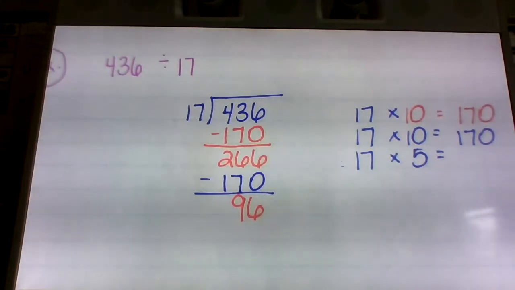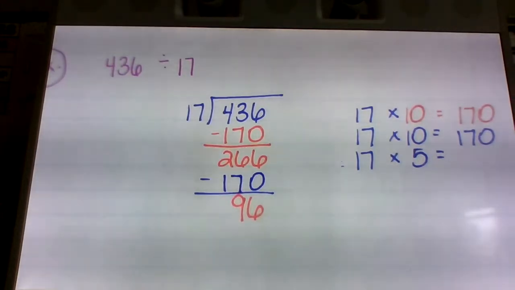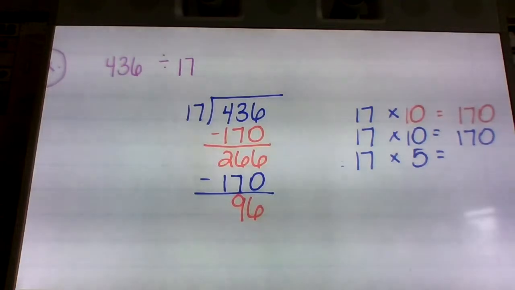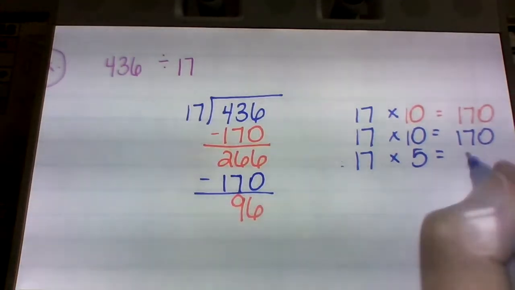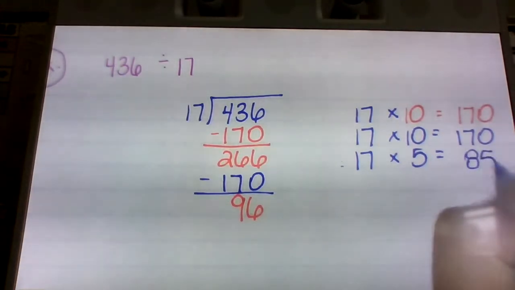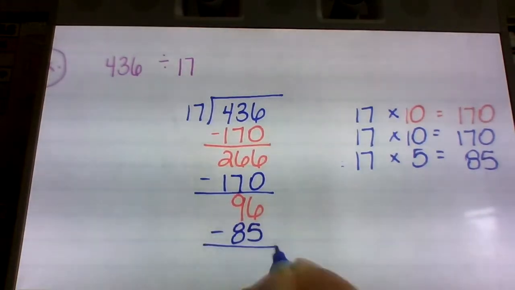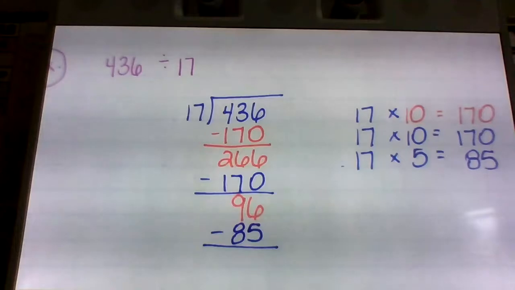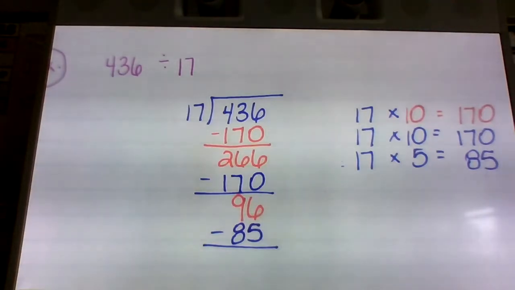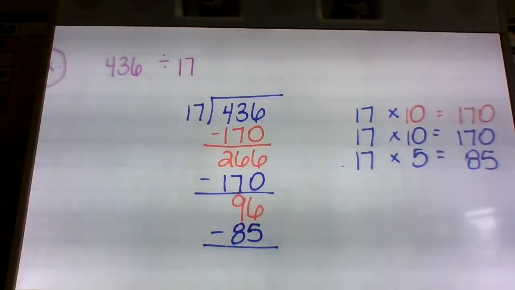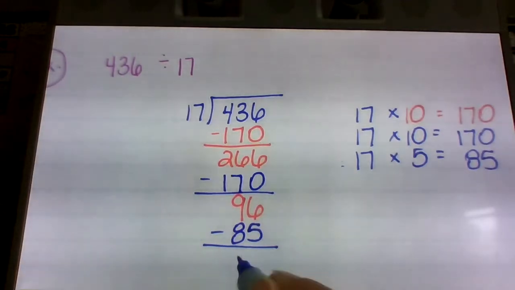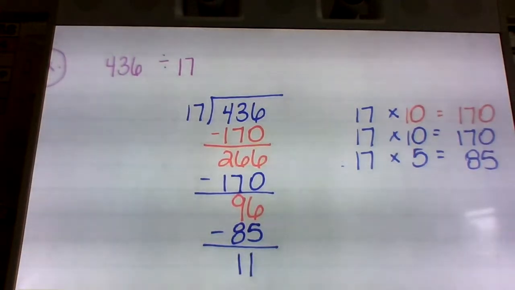Half of 170 is 85. So I'll subtract 85 from the remainder. When I subtract 96 and 85, I'm left with 11 as the remainder.